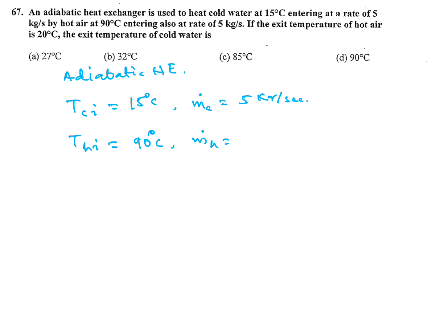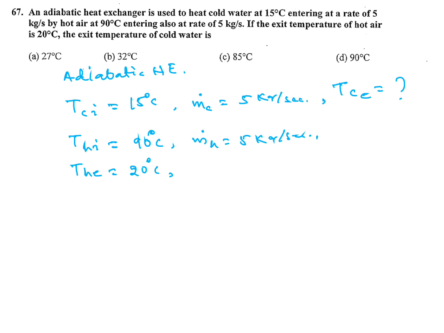Mass flow rate of hot fluid is also 5 kg per second. For air, exit temperature of hot fluid is given as 20 degrees Celsius. We are asked TC, the exit temperature of cold fluid. We have to calculate.